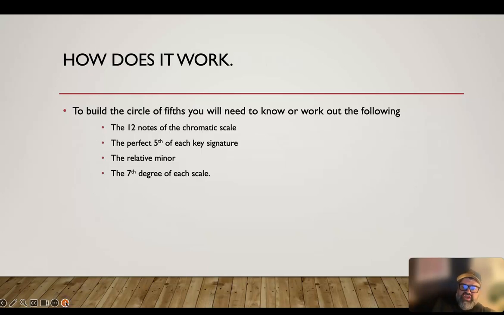So to build the circle of fifths, you will need to know or be able to work out the following.